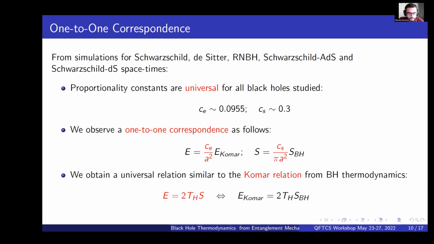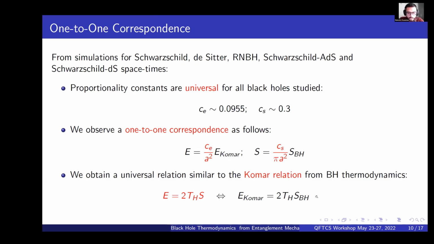Apart from that, we also see that these quantities associated with entanglement mechanics are related to each other in a way that is very similar to the Komar relation, where E is equal to 2 times T_H into S. Now, if we use the one-to-one correspondence equations and substitute back into this, we get exactly the Komar relation, because all these proportionality constants are such that they cancel out.